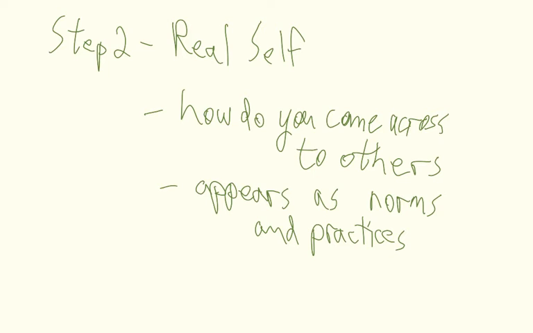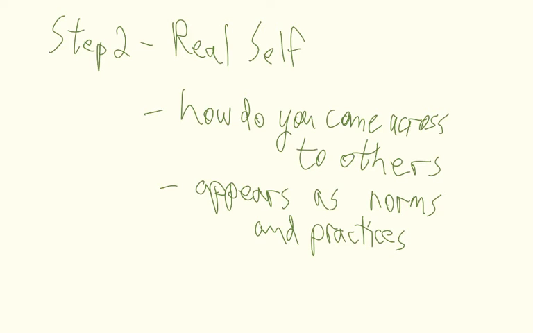And it's easy to shift to what is a more appealing image of yourself. So be careful of that. Let go of your ego. Good, honest discussions, good, honest reflections are key to identifying the real self, which frequently appear as norms and practices. Is that what you want?